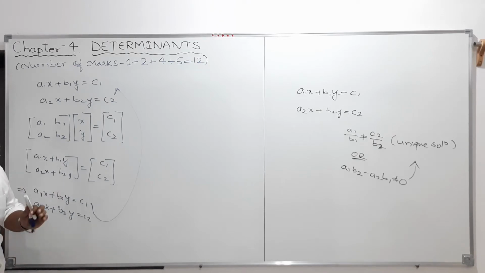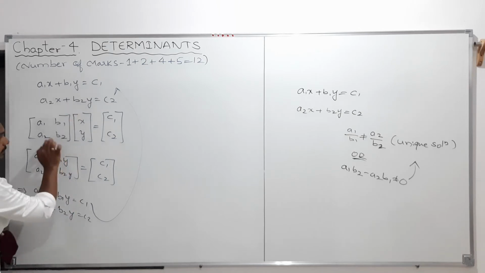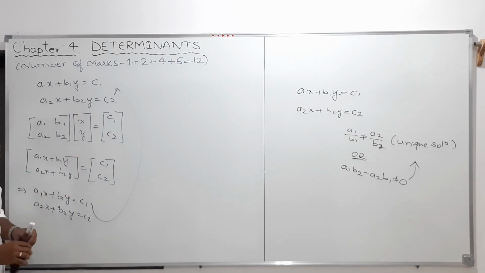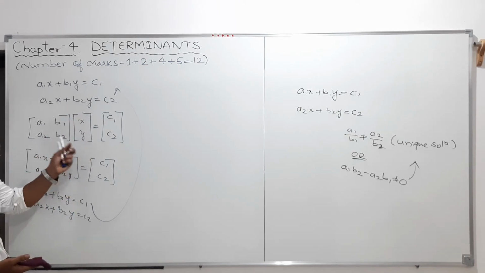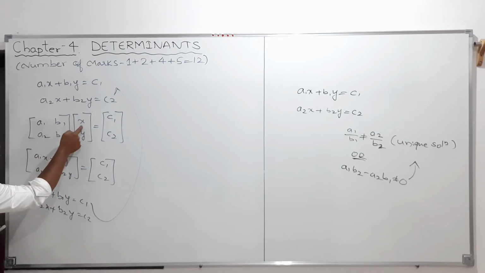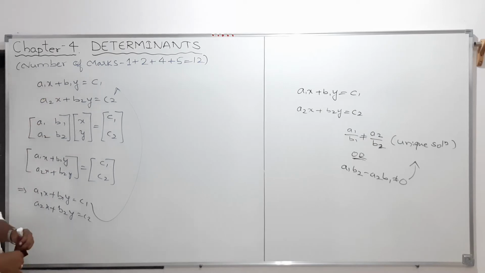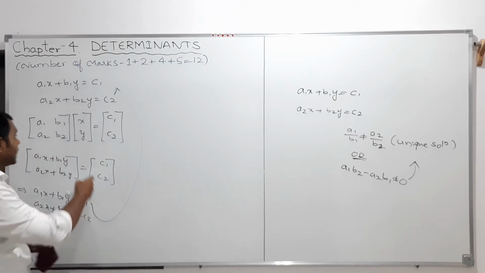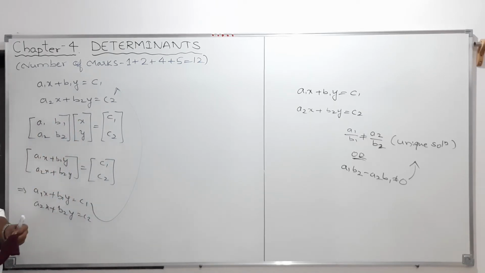So please remember, any given linear system of equations can be written in matrix form in this form, because if you multiply this, again you are getting the same linear system of equations only. So any given linear system of equations can be written like this, that is in matrix form. Clear, my dear students?